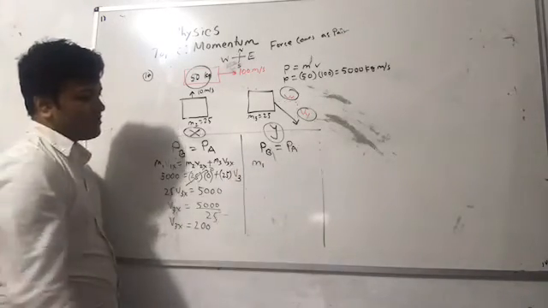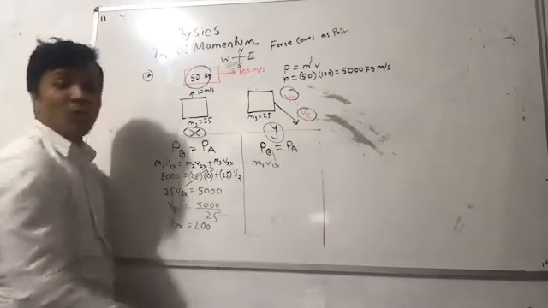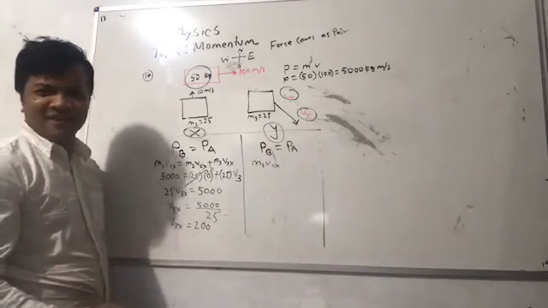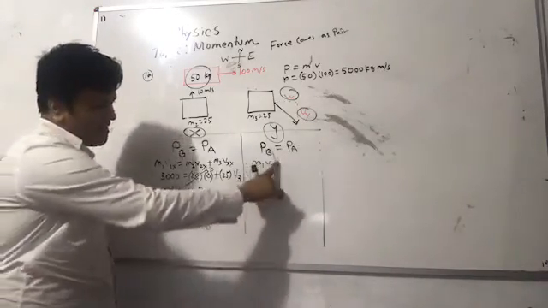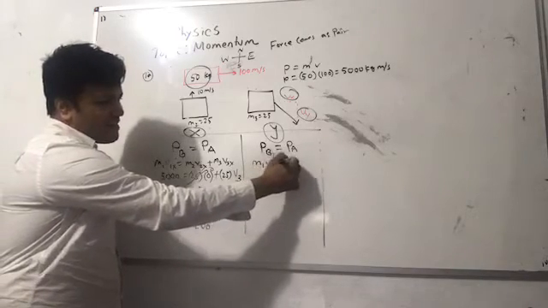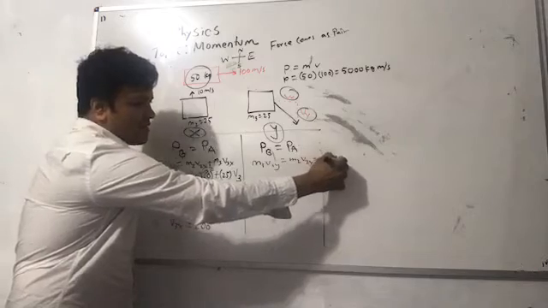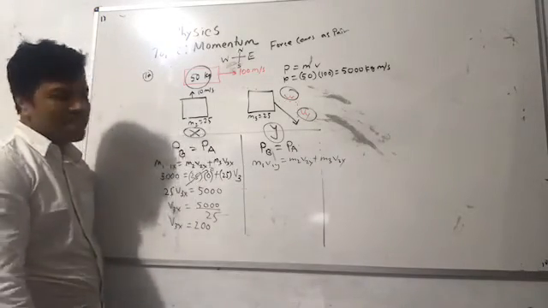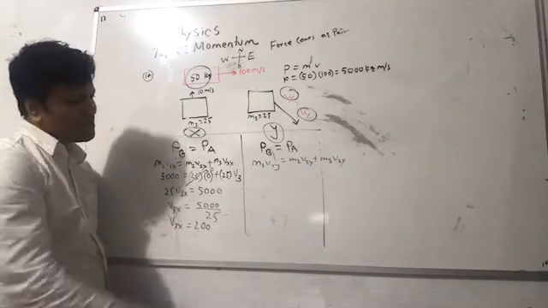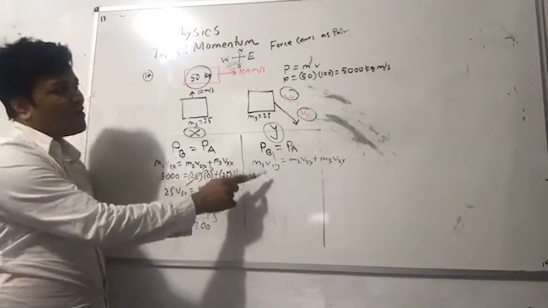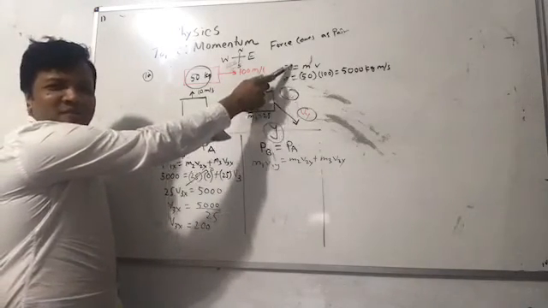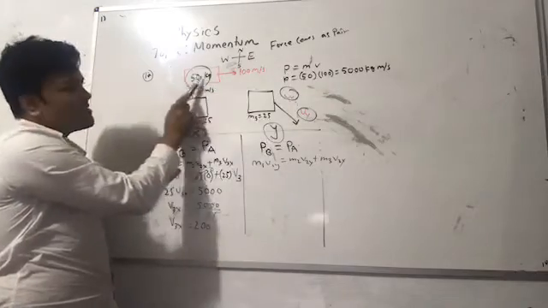m1 v1x. Wait a minute. It shouldn't be x. It should be y. Is equal to m2 v2y plus m3 v3y. Okay? So m1 v1y, how much momentum is at the y direction? 0.